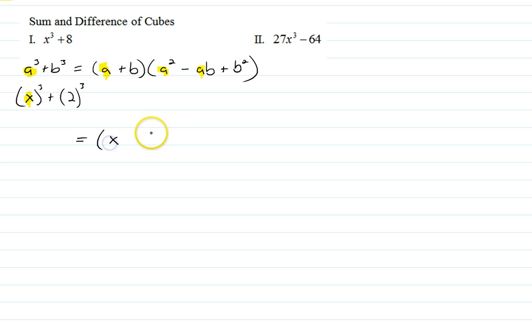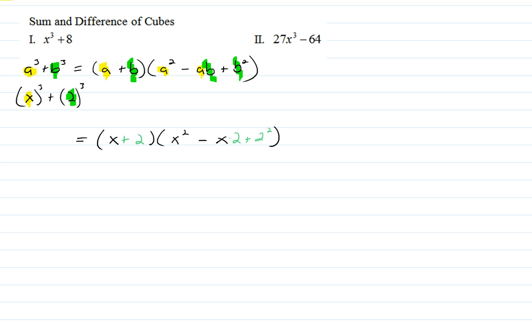So x, squared. Wherever there's a b, I'm going to write a 2. So it's plus 2 times 2 plus 2 squared.